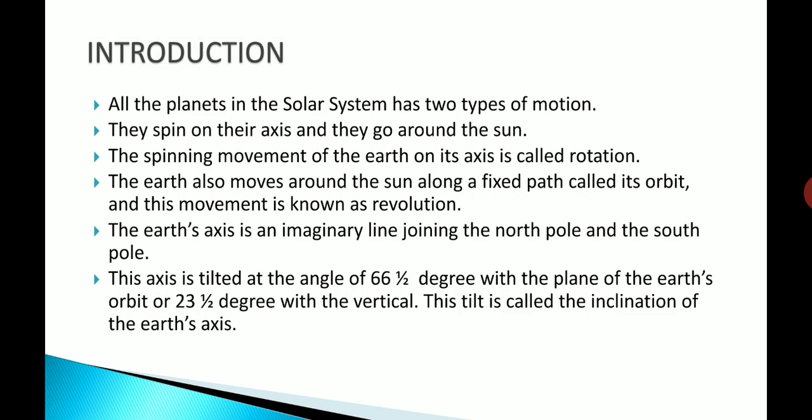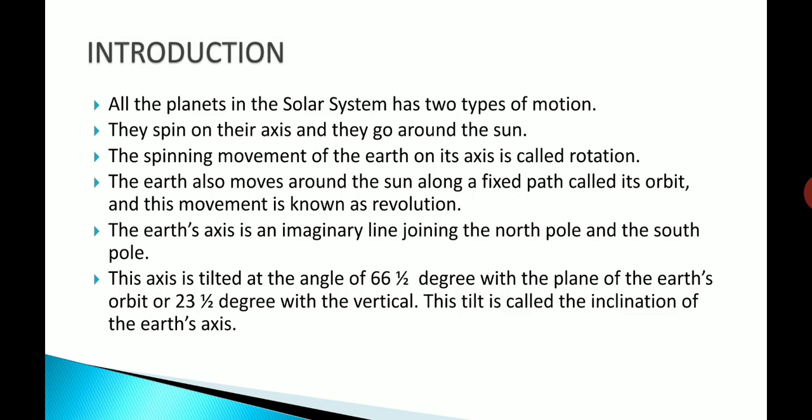What does this chapter want to say? First, all the 8 planets in the solar system have two types of motion. First, they spin on their axis, meaning they go round and round in one place. And second, while rotating in place, they also move around the Sun.